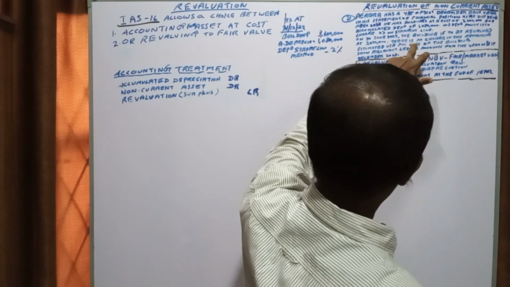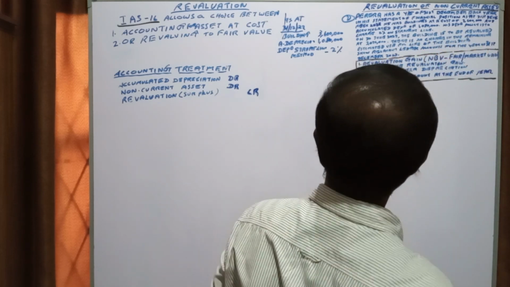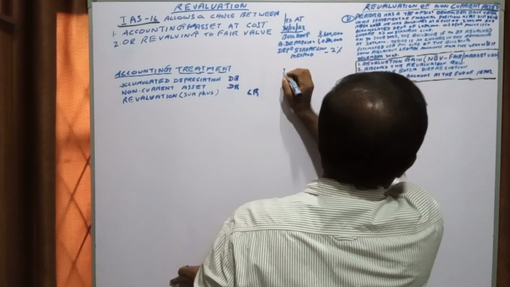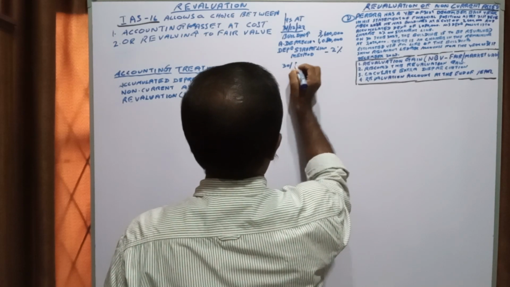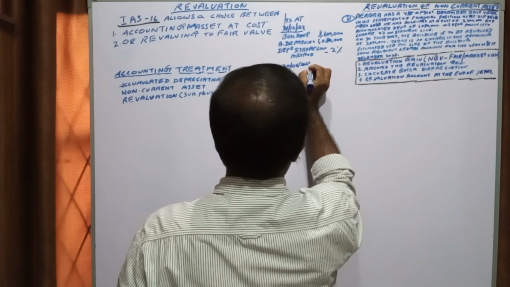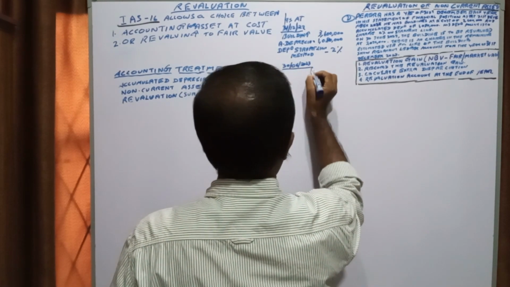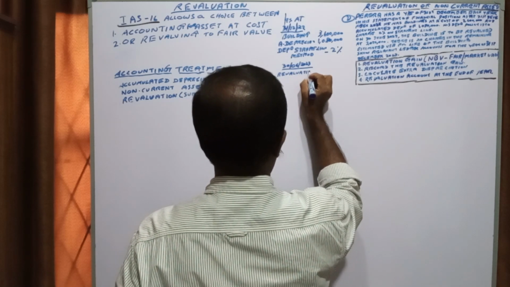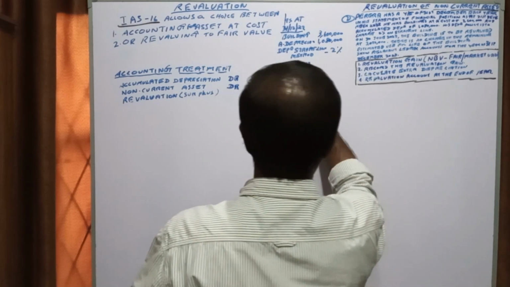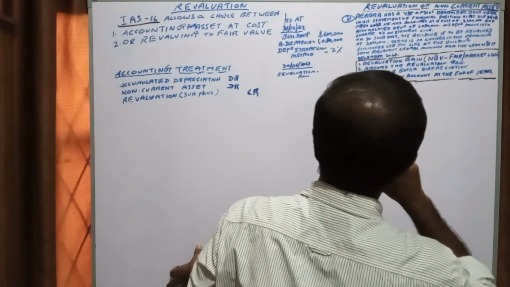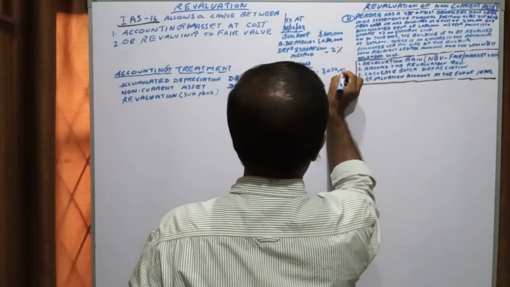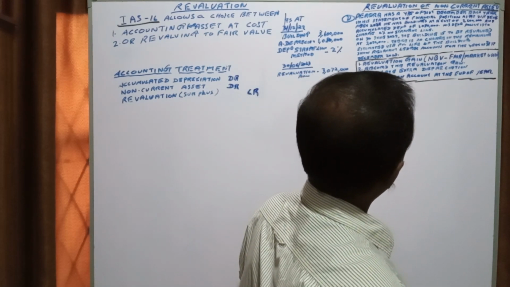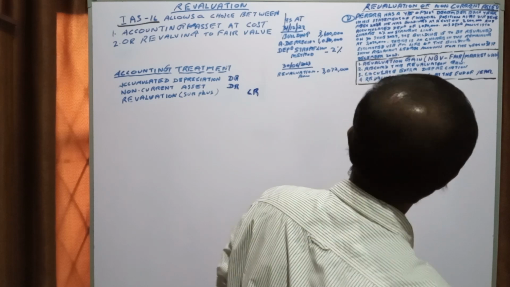On 30th June 2023, the building is to be revalued at 3,072,000. Revaluation of the building, how much? 3,072,000.